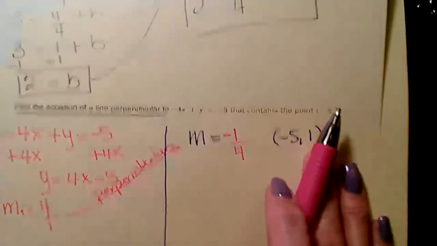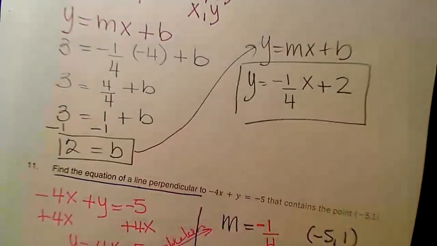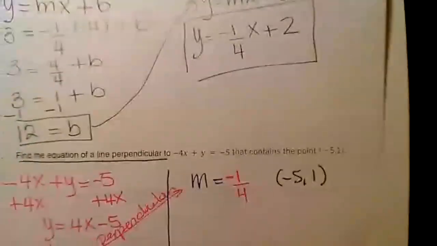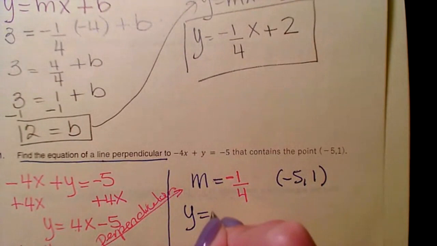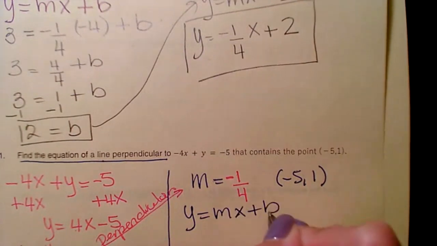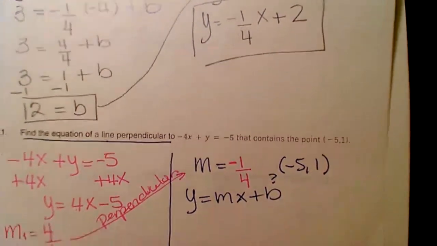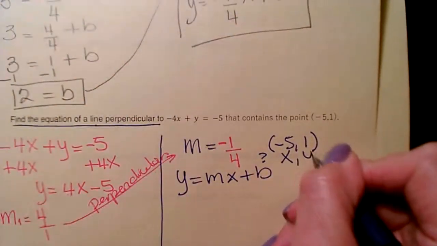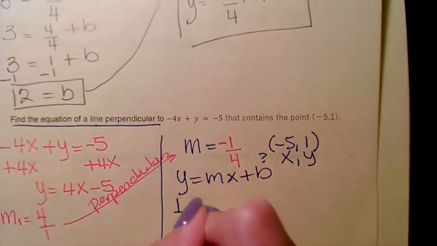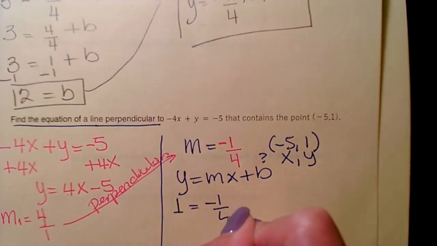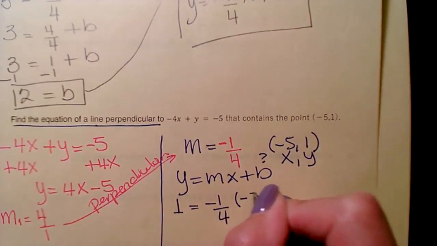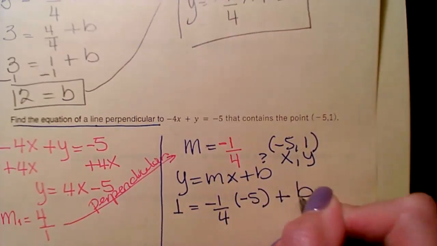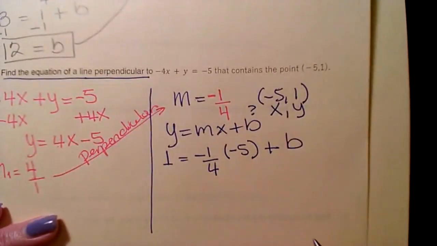Now, from here on, is exactly what I was doing here. I do have the slope, but I don't have the b. So I just need to substitute x and y. Y is 1. My slope is negative 1 over 4. My x is negative 5, and I need to find the b.